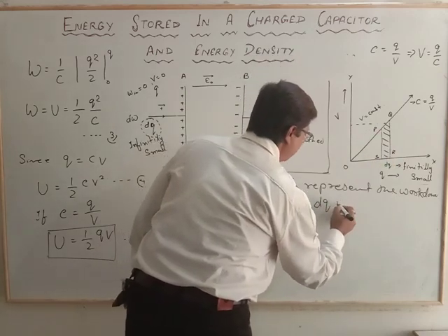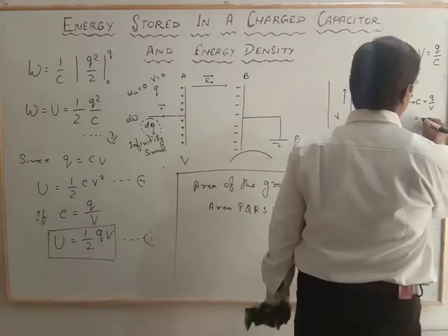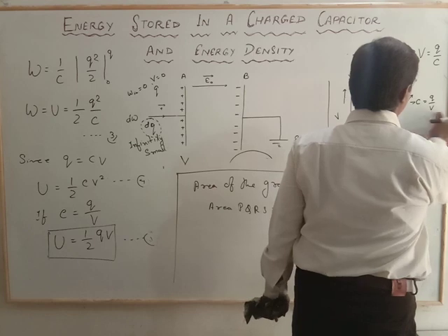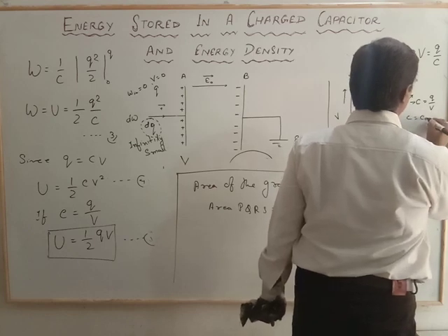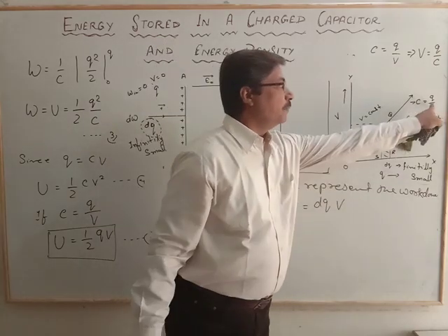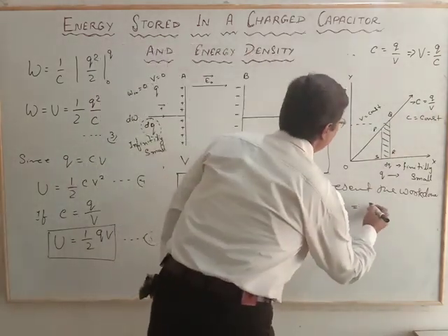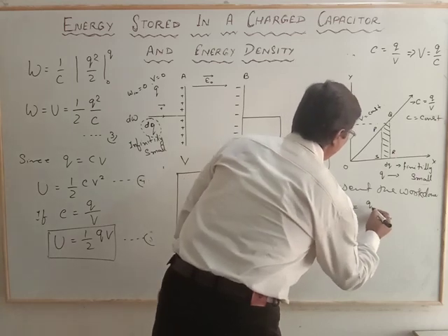Now we consider that the capacitance is constant. Capacitance C is constant for the capacitor. So in that case, again we put the relation here.